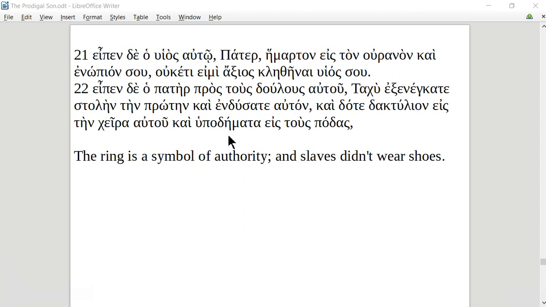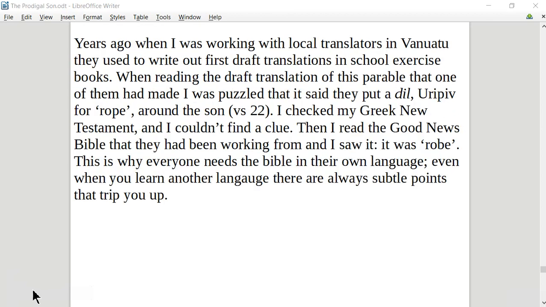Just commented here, the ring is a symbol of authority, and slaves didn't wear shoes. Another interesting comment, years ago when I was working with local translators in Vanuatu, they used to write out first draft translations in school exercise books. When reading the draft translation of this parable that one of them had made, I was puzzled that it said, they put on a dil, the European word for rope, around the son.